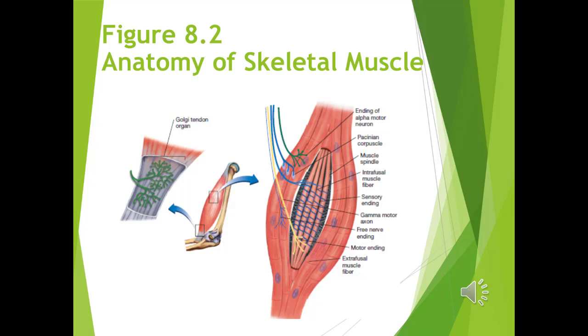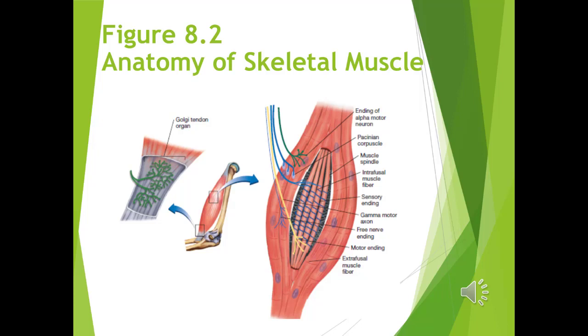If you look into the coin purse, you can see that the extrafusal muscle fiber is shown on the outside and is served by the axons of the alpha motor neurons. By contrast, the intrafusal muscle fiber is shown on the inside of the purse shape.